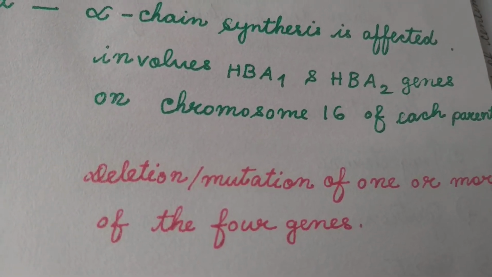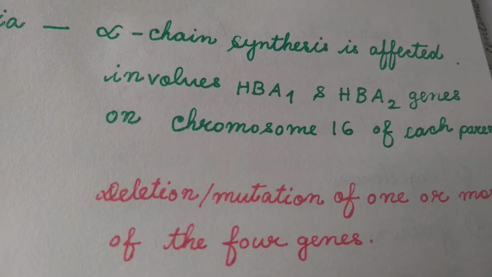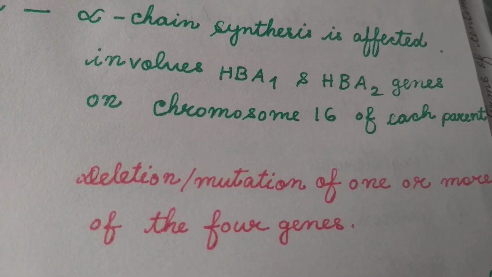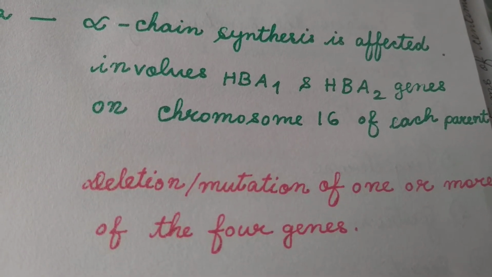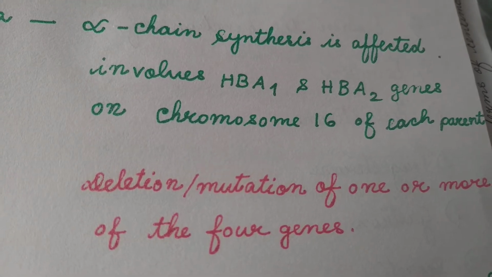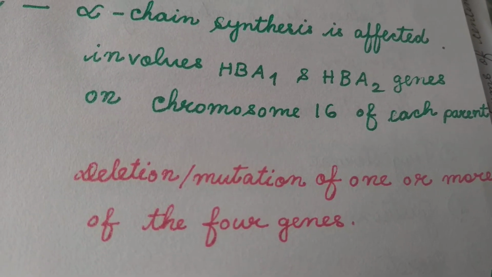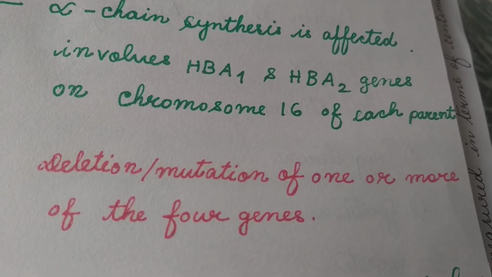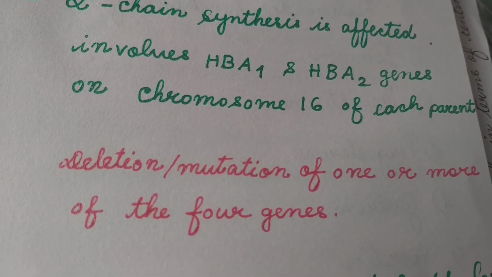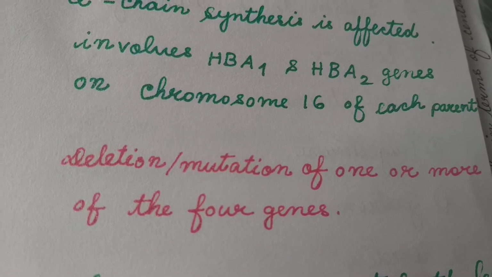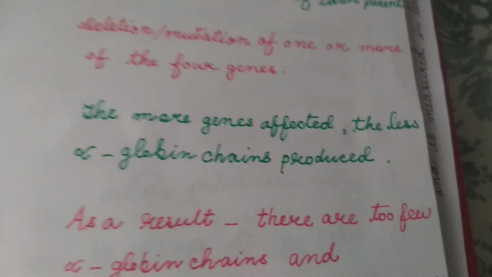So alpha thalassemia means synthesis of alpha chains is affected because of deletion or mutation of one or more of the four genes on the 16th chromosome.